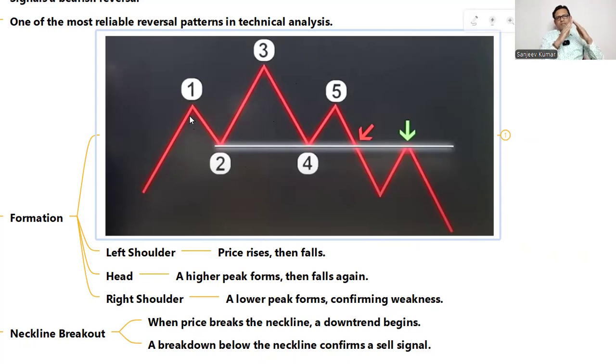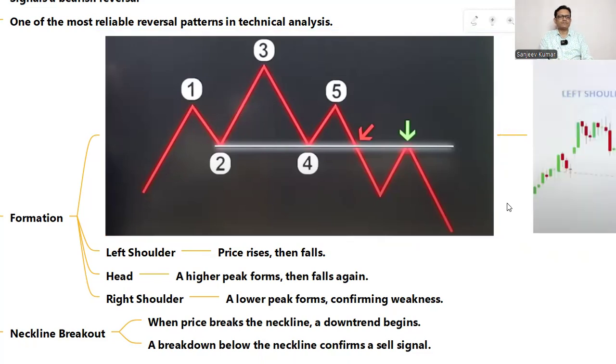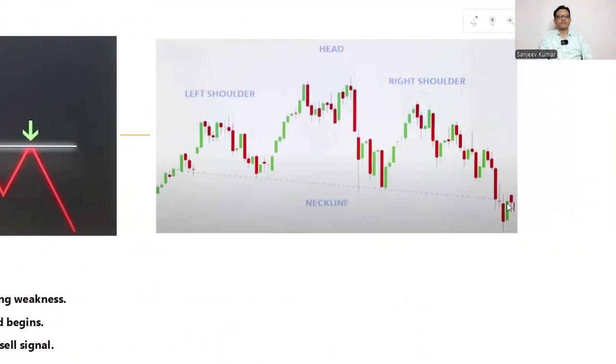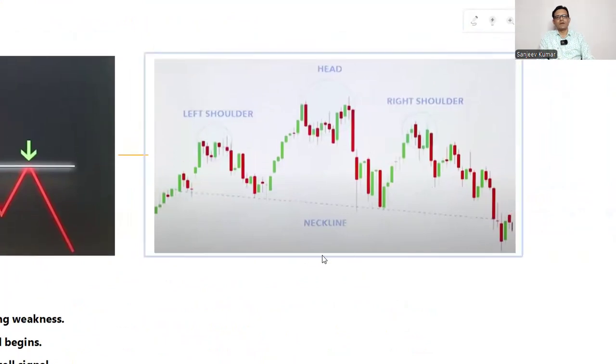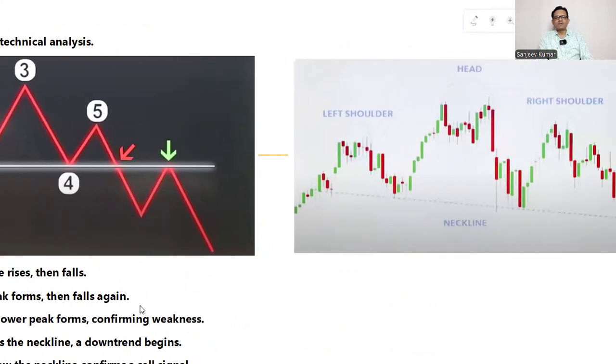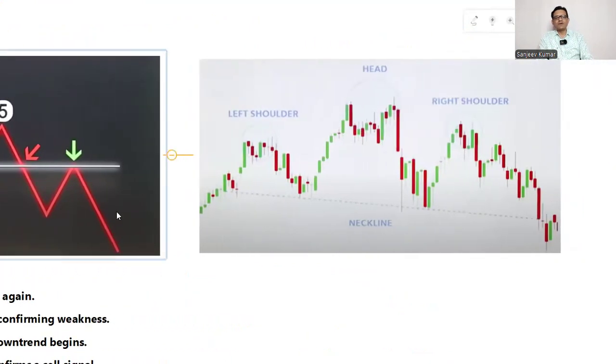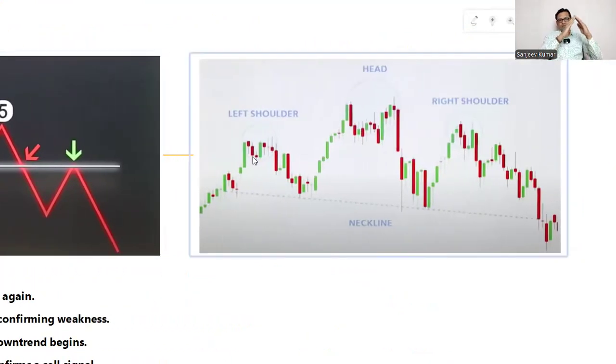After the formation, you will see the chart pattern, candle pattern, then the downtrend. I am showing it here. You can see this is almost the same figure, but with some differences.